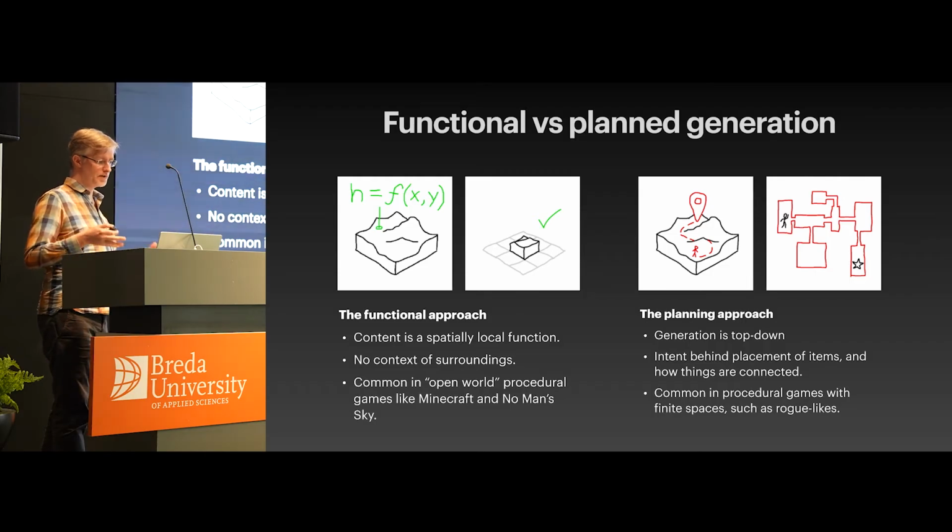But the function doesn't really have any idea about the surroundings. And this approach is common in open world procedural games like Minecraft and No Man's Sky. In contrast, the planning approach has generation that's top-down, so there's an intent behind the placement of items and how things are connected.